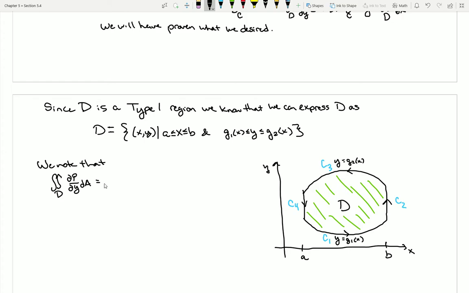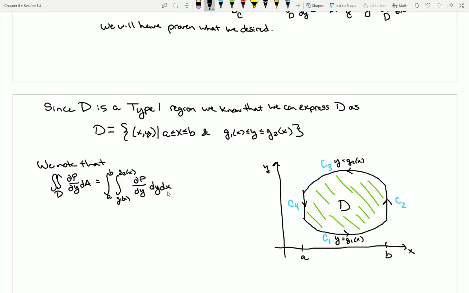It's not too terribly difficult, because I can already see that I understand my bounds. I would integrate from a to b, from g1 of x to g2 of x, and then I'd have my partial in there, and of course that's dy dx.